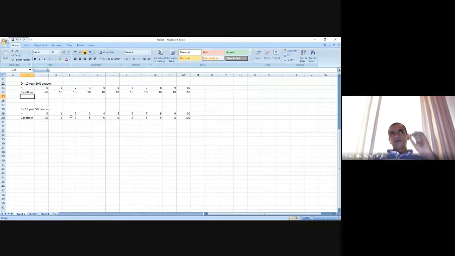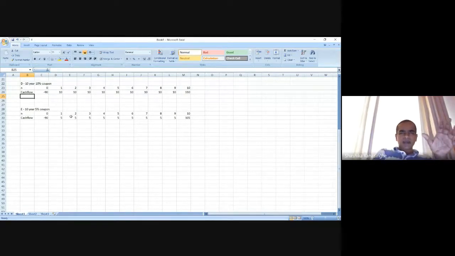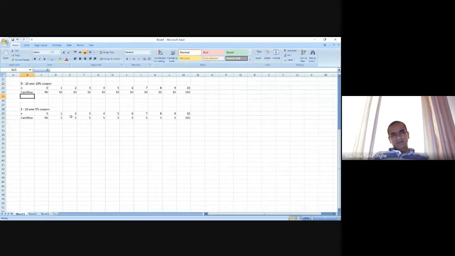So the bond which has a faster payback has a shorter duration, right? Meaning, in other words, higher the coupon, lower the duration. Easiest way to remember: higher the coupon, lower the duration. Whereas lower the coupon, higher the duration.